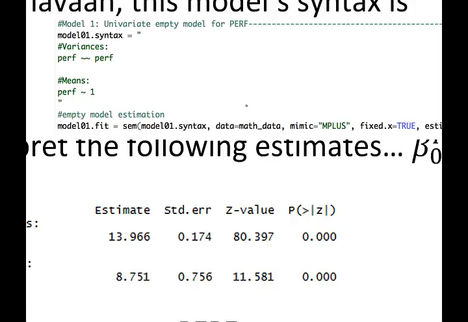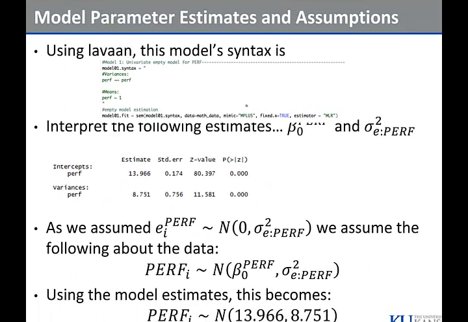That runs the analysis, and then it puts the result into whatever you put on the left-hand side of the equals. In this case, I'm calling it model01.fit. So if R is a syntax, we think of R as having syntax for language, Lavaan is an additional layer of syntax within R to make it work, which is a pain, but believe me, it's worth it for this.